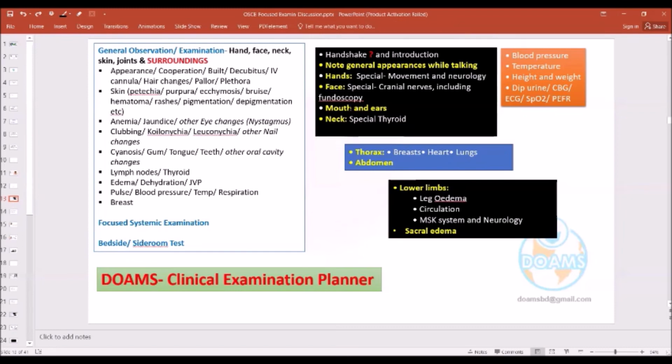Heart sound auscultation. By auscultation, what finding are you expecting? If the patient is in atrial fibrillation, the heartbeat is irregular. Okay. If you say you want to see any irregular heart sound, right? Yes.